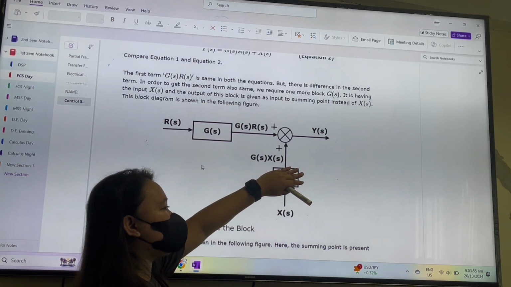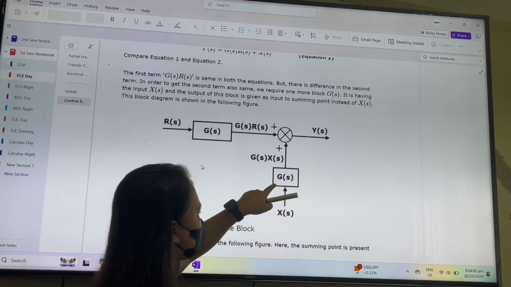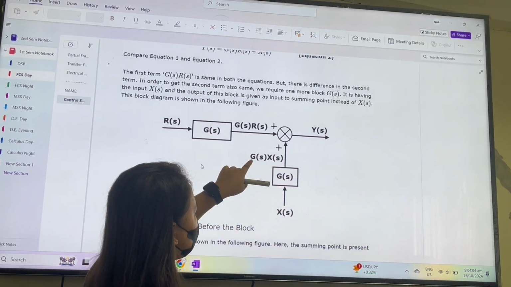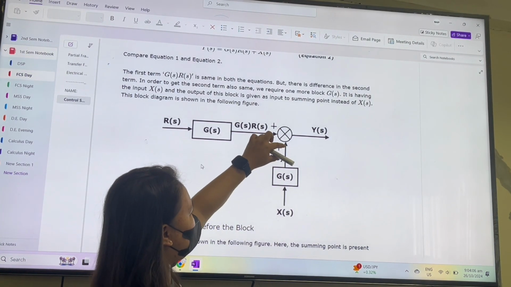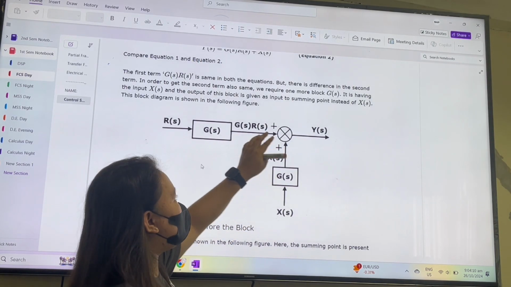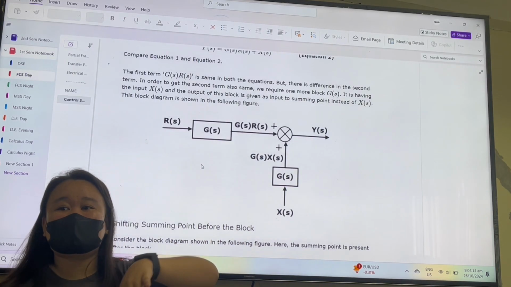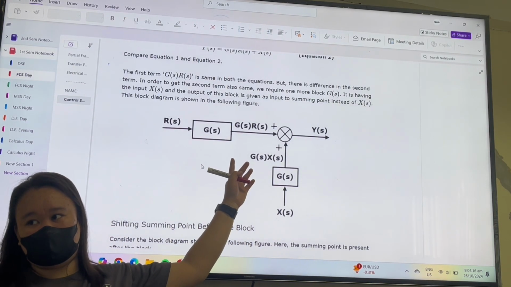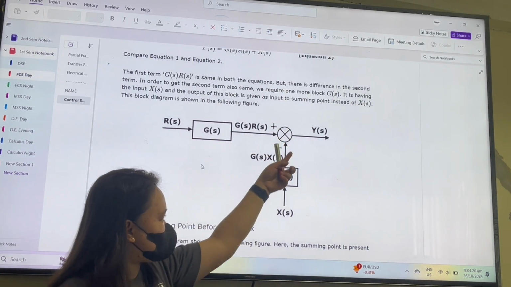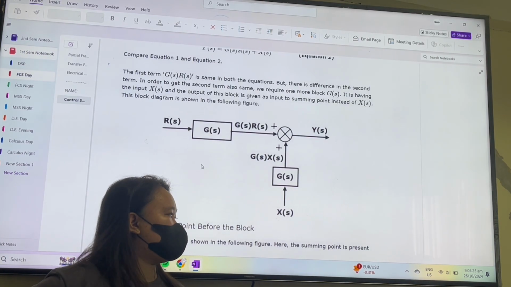So what we do is equate the two. Therefore, if you put another block here and multiply, this is GS, XS. If you add those two, Y of S equals GSRS plus GSXS, which is now identical to the past. So the real future diagram must be equal to this one. Okay.